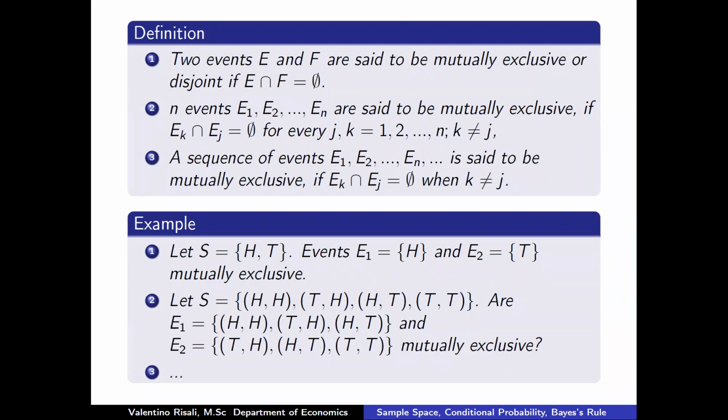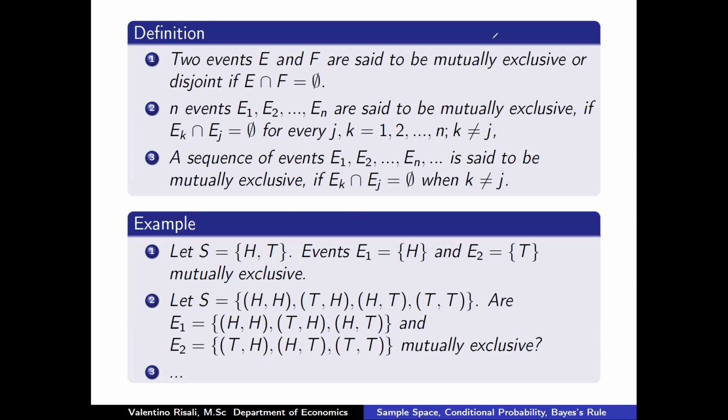Because both E1 and E2 have T comma H as an element that is in both E1 and E2, right, Owen? Yes, TH and HT as well. We have two elements in their intersection, so they are not mutually exclusive. Right, thank you, Owen.